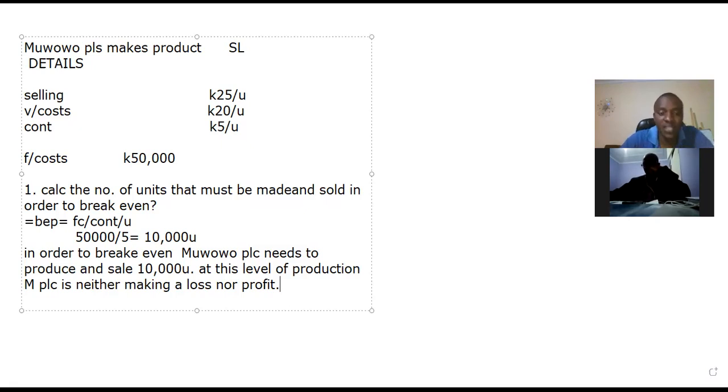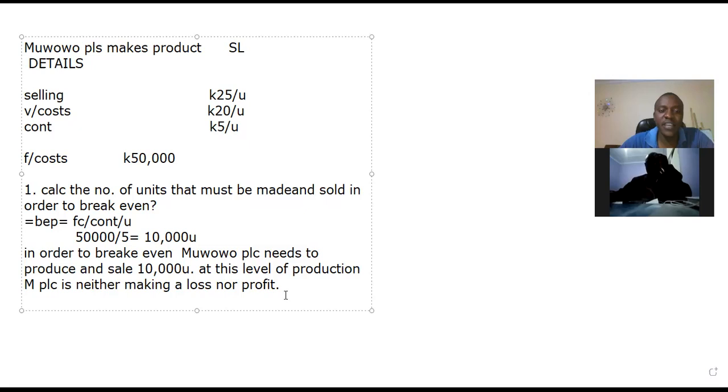Please, please. Okay, let's go to question number 2. Question number 2, guys. Let's ask another question here. Calculate the level of activity required to generate 40,000. So there we go, guys.